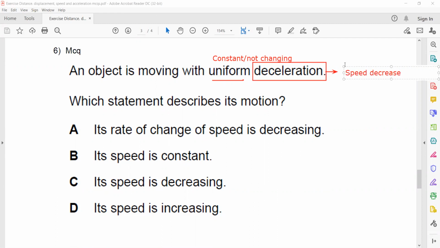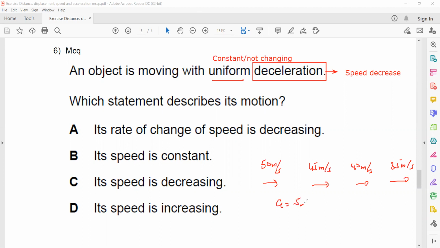And when I explain the motion, like if I say an object was moving with 50 meter per second, then changes speed to 45 meter per second, then changes speed to 40 meter per second, then changes speed to 35 meter per second, so what is the acceleration, deceleration here?